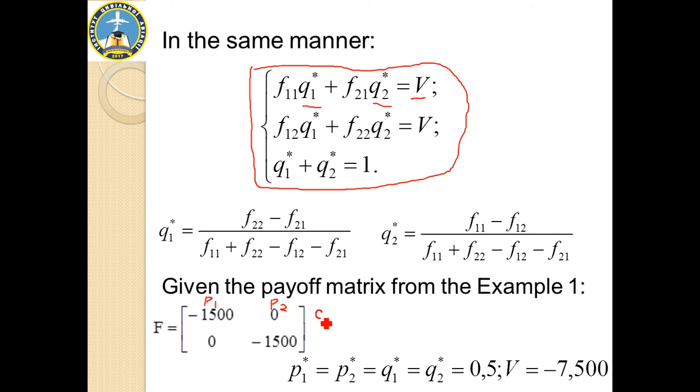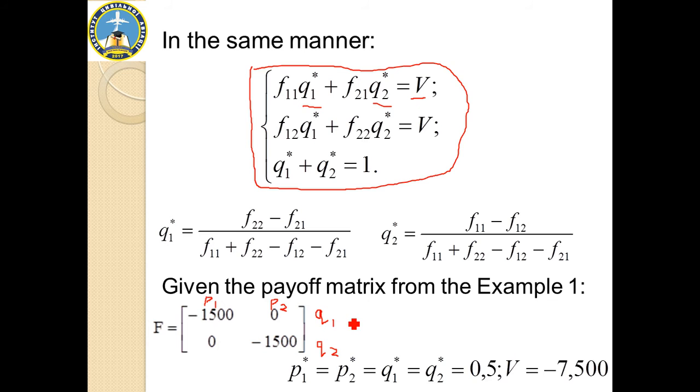In the same manner, the creditor also cannot play better than randomize his seeking between these two places, because he cannot look for the businessman at the 2 points at the same time. So he has to randomize.